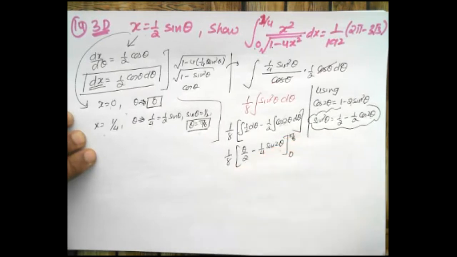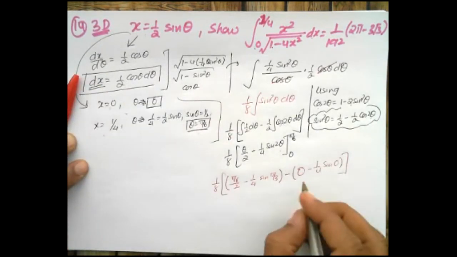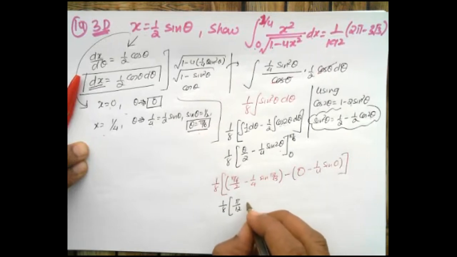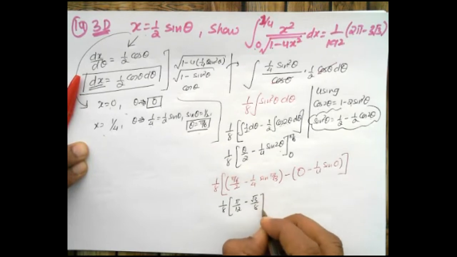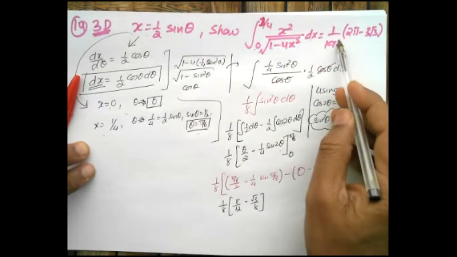Substitute these two values and evaluate the integral. Guys, this is what I get when I substitute these in. So I get 1/8 there. This is pi over 12. And sine pi over 3 is √3/2. This minus √3/8. Okay, so we start evaluating, but since it's a show that question, I have to go back to this bit.